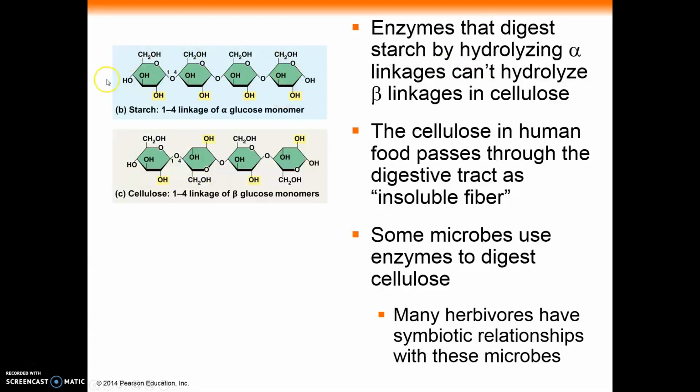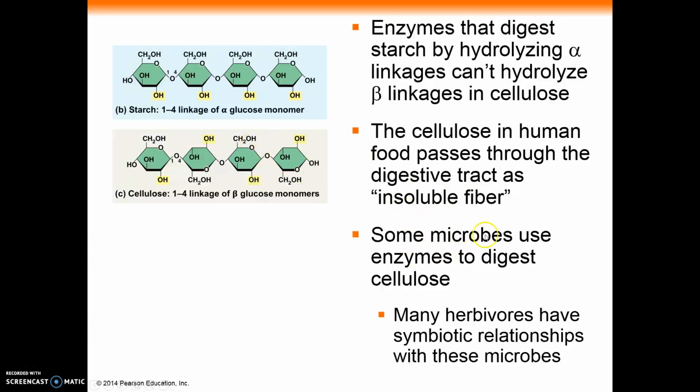The fact that we use glycogen, which is a very similarly related molecule of alpha linkages, we have an enzyme that can digest this, so it's very easy for us to digest potatoes, but we cannot digest this cellulose material. This, in fact, passes straight through our body and is referred to as insoluble fiber.